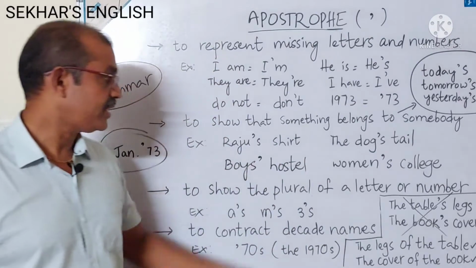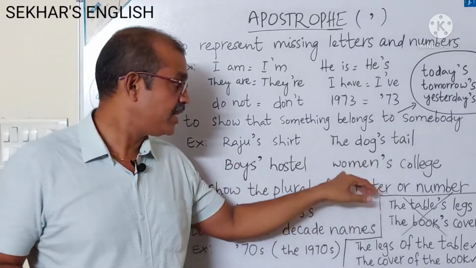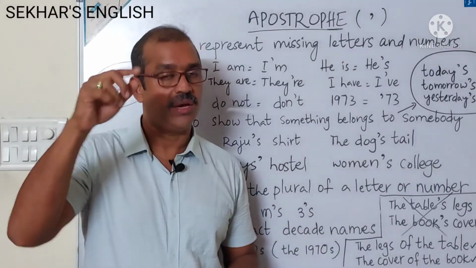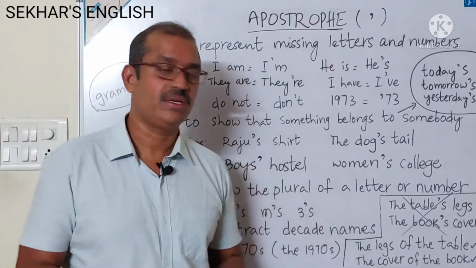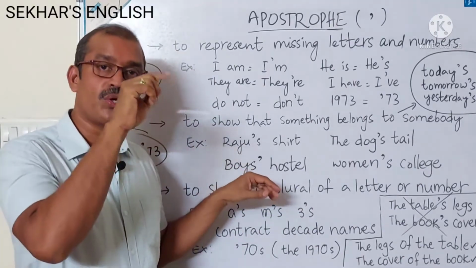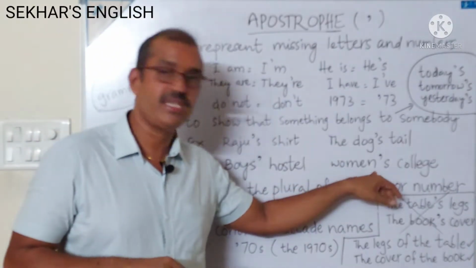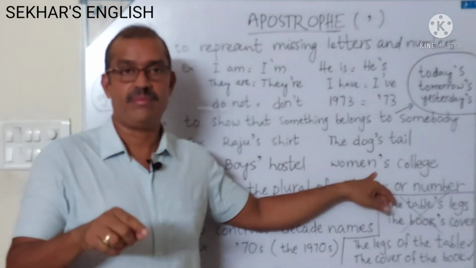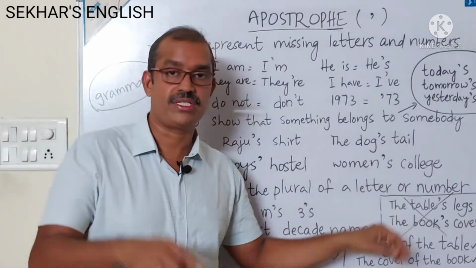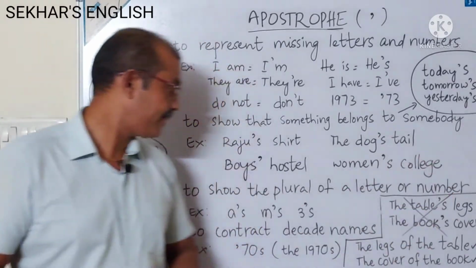Okay, next, women's college. Here women is plural, but there is no S, that's why we have to use apostrophe S to show possession.